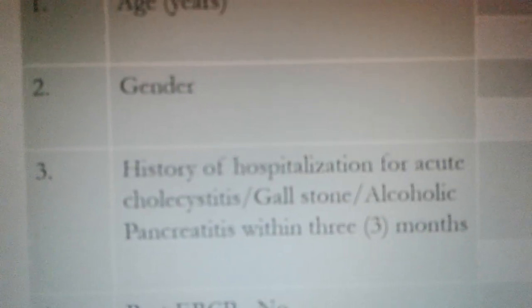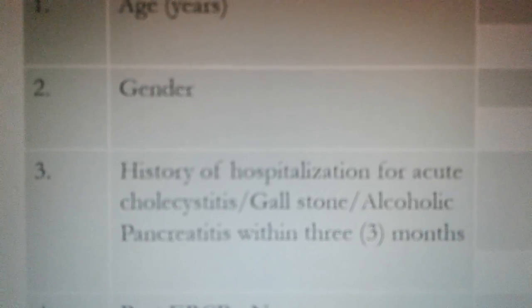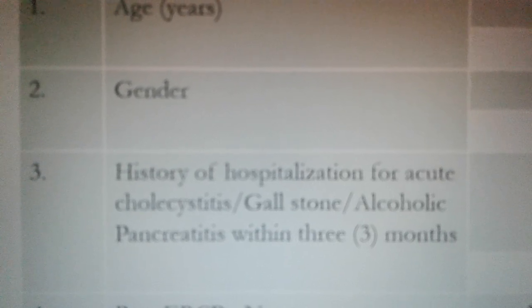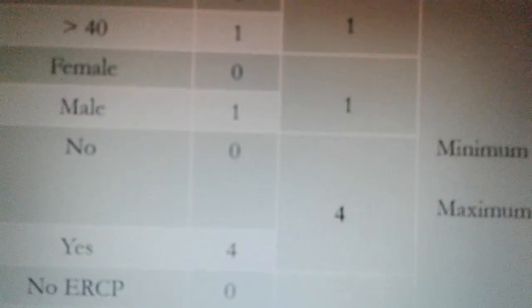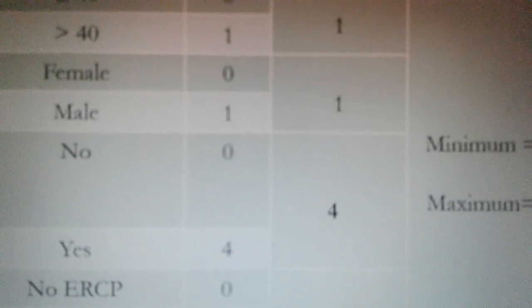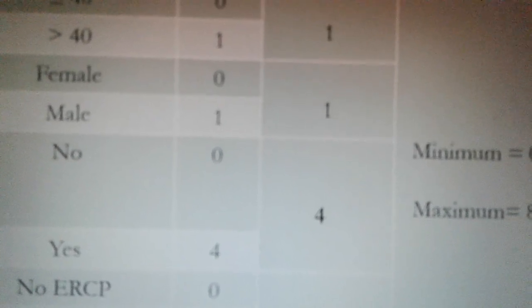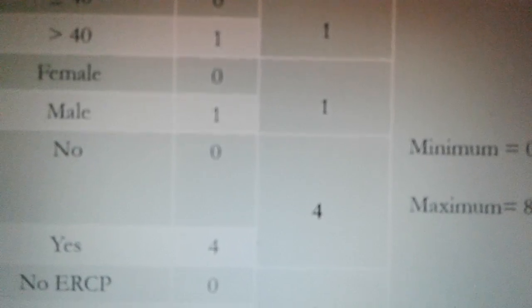The third factor, the history of hospitalization for acute cholecystitis or gallstone pancreatitis or alcoholic pancreatitis within last 3 months. No, 0. Yes, 4. I am just describing the ICHBS. The details, the reasons behind these, we can make a video for later, just to go with the concept quickly. So maximum score here is 4.